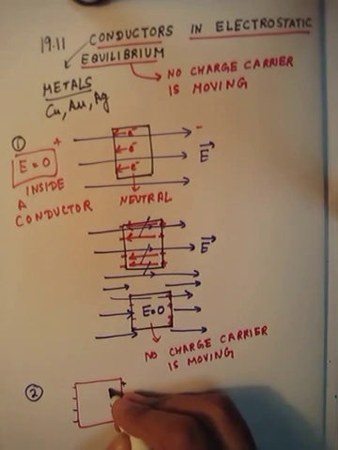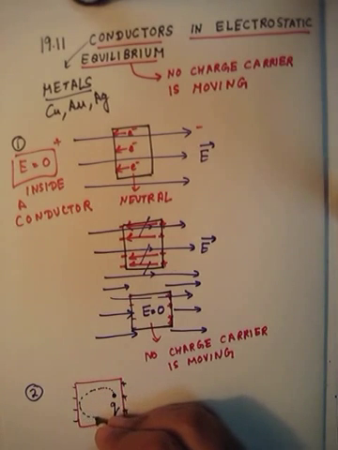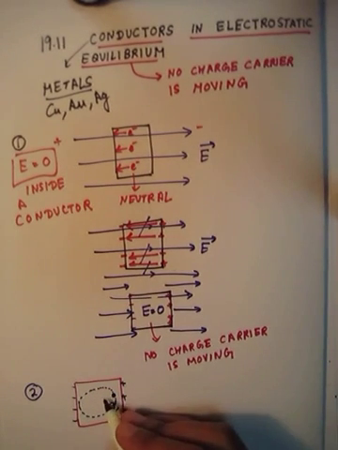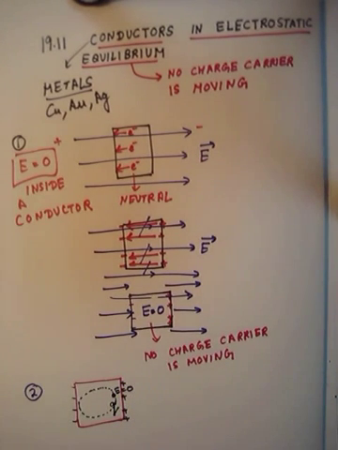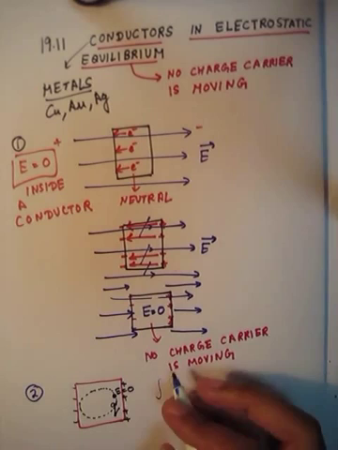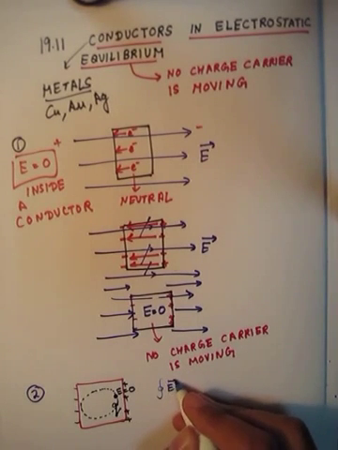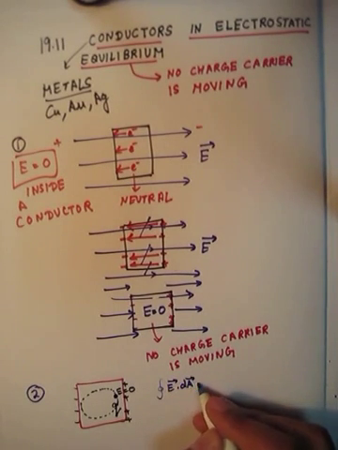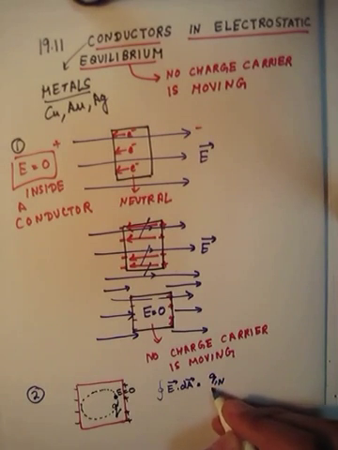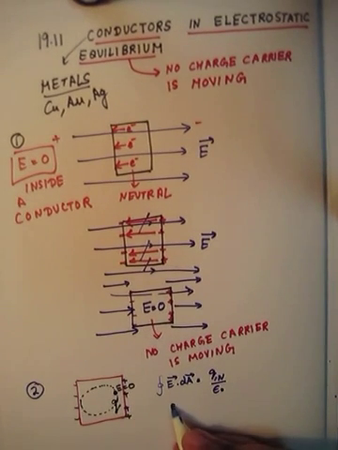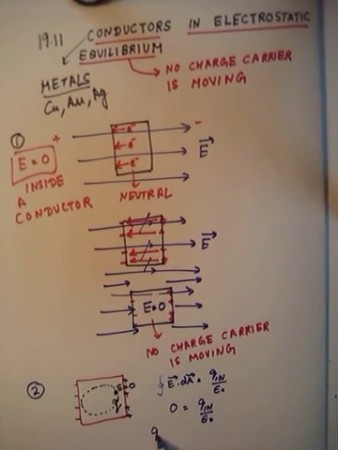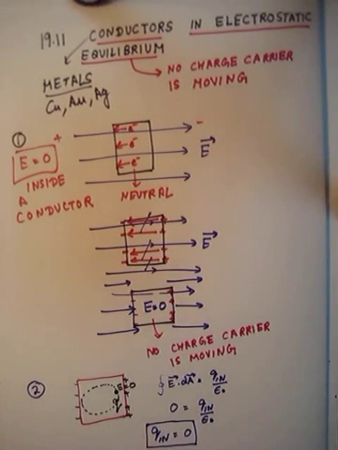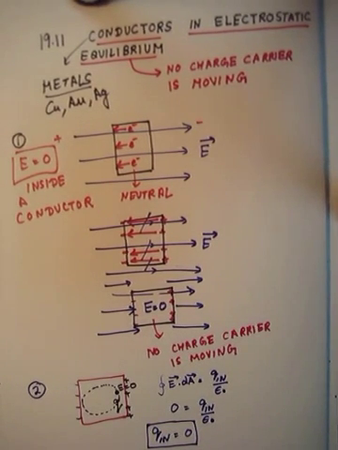So at this point I draw a Gaussian surface, and we know that the electric field is zero here. From Gauss's law, the integral of E vector dot dA vector equals the charge enclosed divided by epsilon naught. The electric field is 0, so the charge enclosed will also be equal to 0. So this is the second condition.